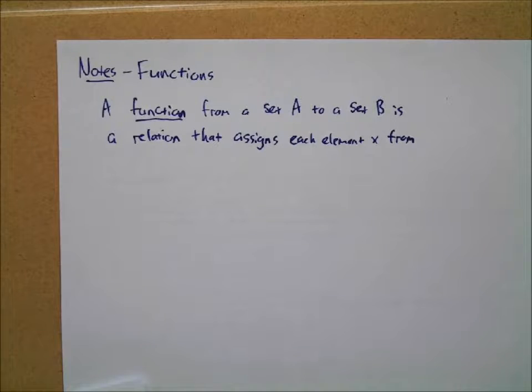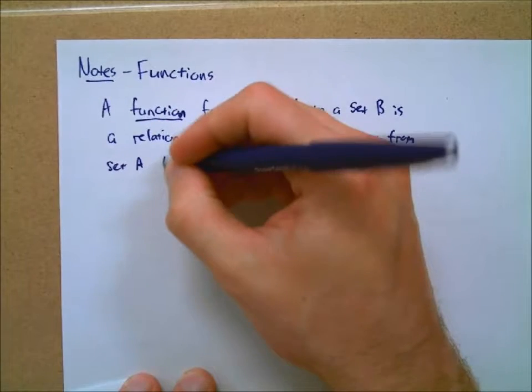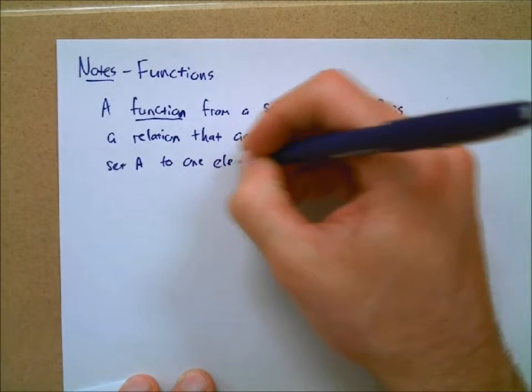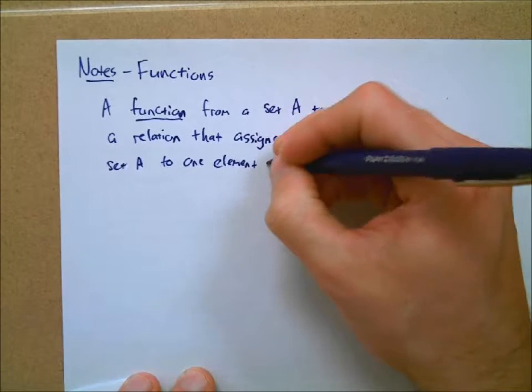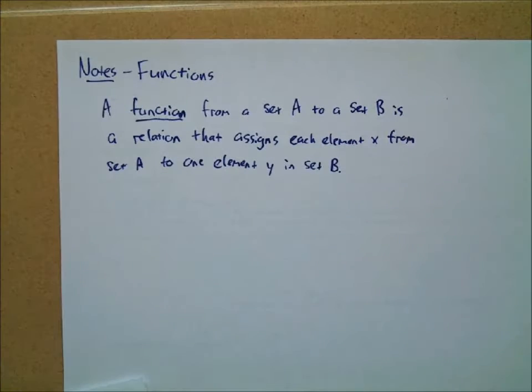So an element x from set A to one element y in set B. Typically with mathematics, the set A is all of our x values, and set B is all of our y values. Each element x from set A to one element y in set B. So yes, only one element y.